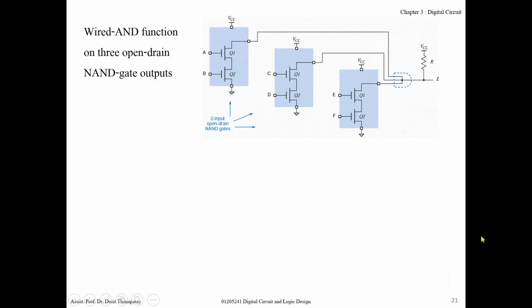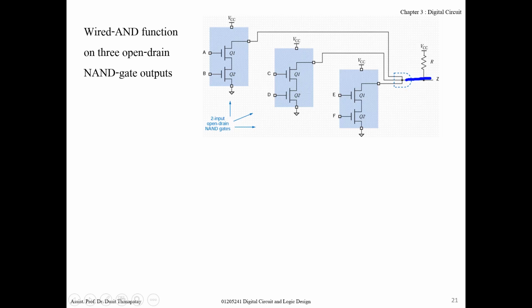Now the application for this open drain logic gate. For example, if you connect this output and this output and this output together, with this R pull-up, what happens?